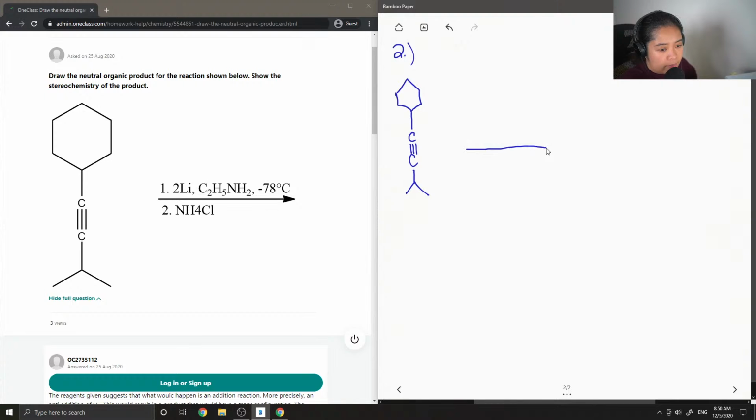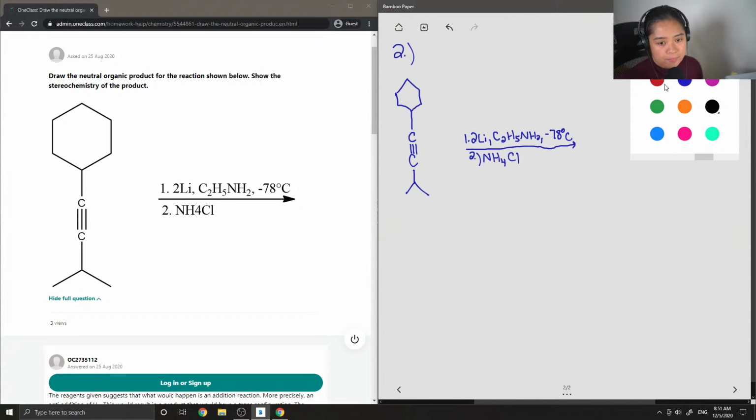And it reacts with this lithium metal complex and ammonium chloride.